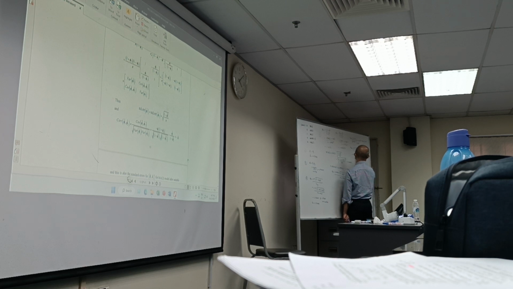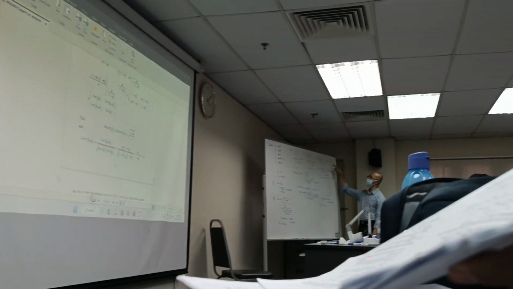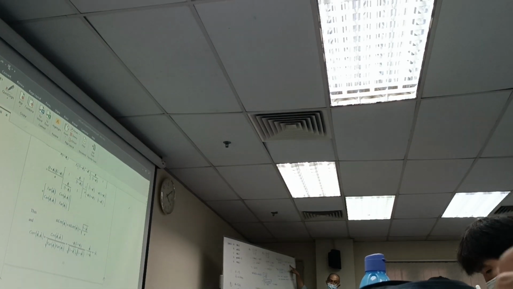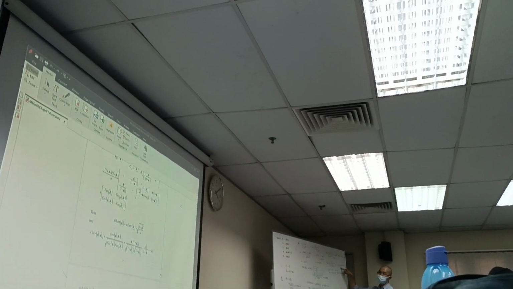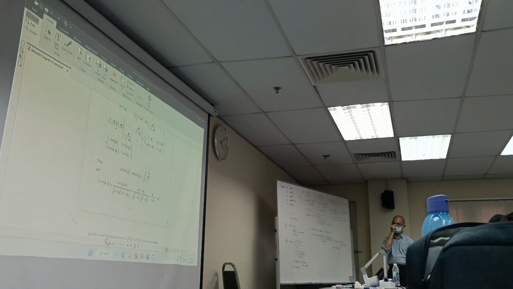Since phi 2 is significant, the estimated R2 is significant. For R2, phi 2 must be significant. Phi 1 may not be significant.